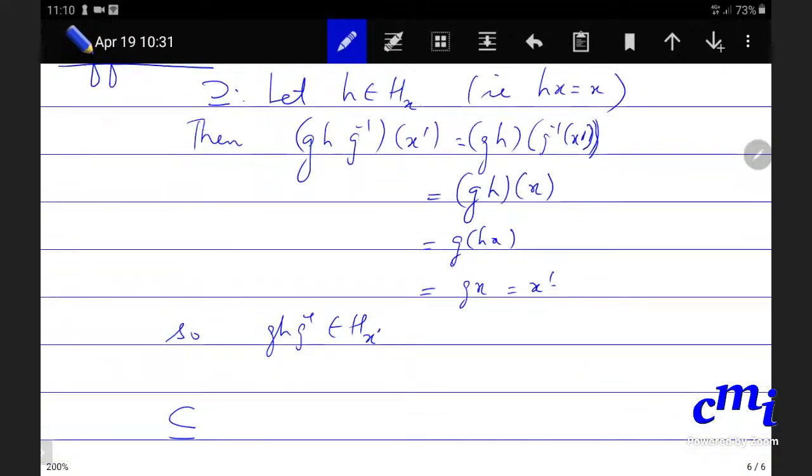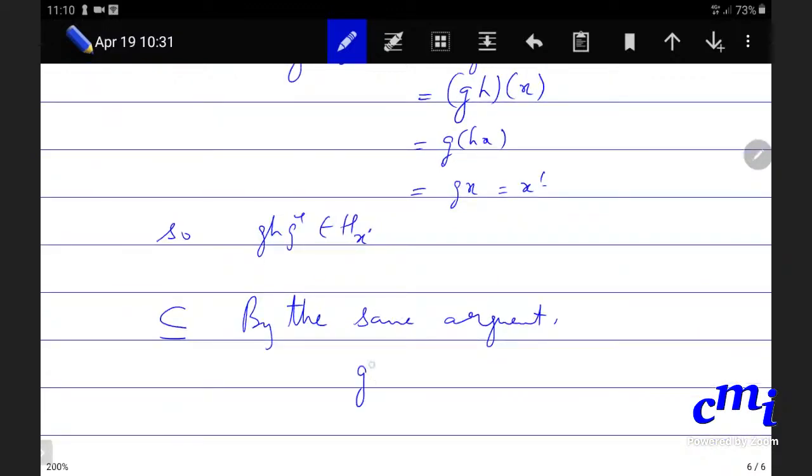So now g inverse takes x prime to x. So by the same argument, g inverse Hx prime g is inside Hx.